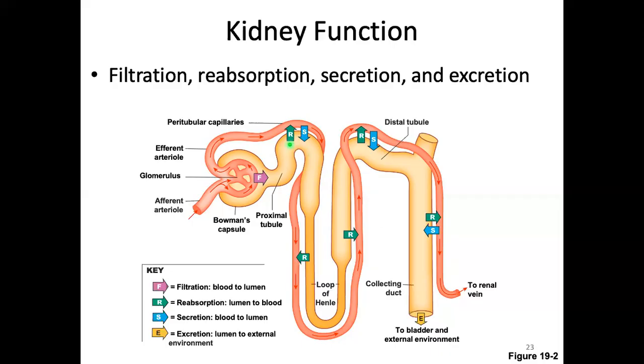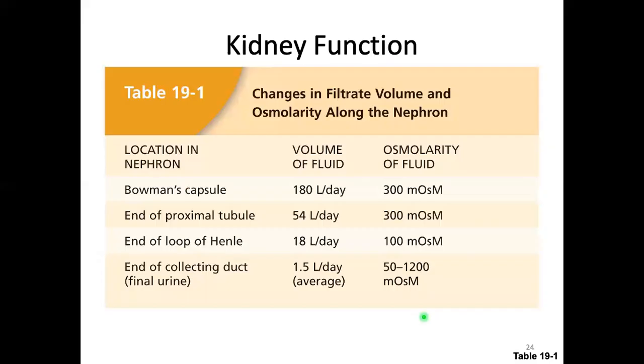And we'll get into that in a little bit. And then you also secrete stuff. So you're going to secrete waste like creatinine or urea into the urine as well, okay? And then whatever's left is going to go to the bladder and get kicked out in the urine. All right, so kidney function, let's see.